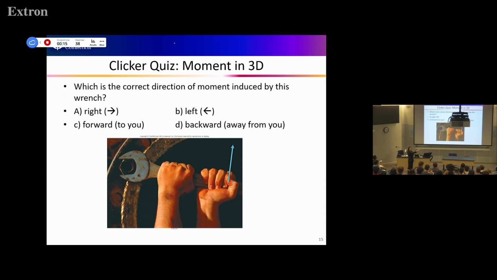This is the position vector, and the force is in this direction. Then use the right-hand rule, and which direction is the movement? Right, left, forward, or backward. Yes. That's left. That's left, right?